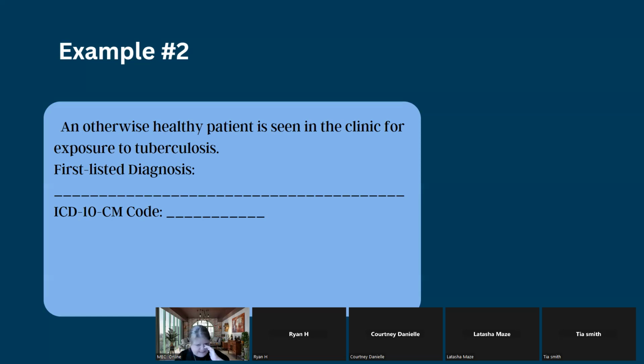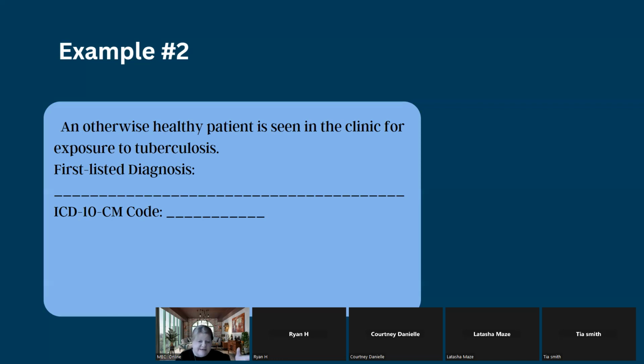Ms. Brandy, yes, sir. I noticed when I looked at the top of the page, it's got a red dot beside it, looks like a stop sign, beside contact with and suspected exposure to communicable diseases. And I read the excludes. Would that not be a possible primary diagnosis? No, because it's not specific enough.